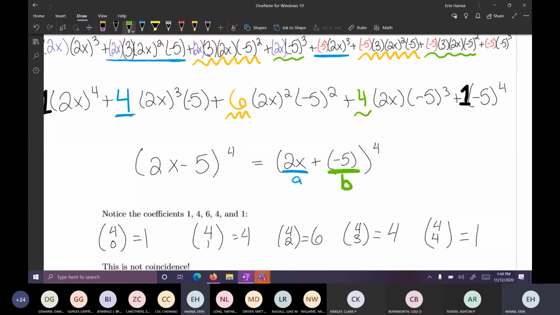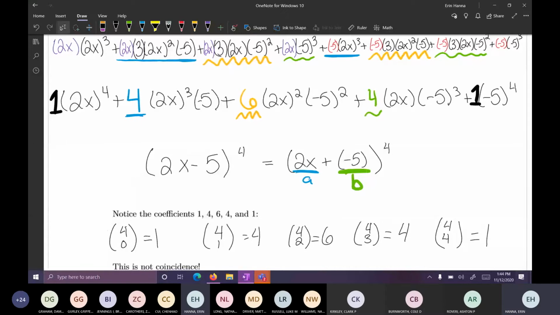And notice, as I already pointed out, but maybe not in this much generality, that the powers on the 2x and the -5 always add to 4. So in that very first term, there is no -5. It essentially has a power of 0 on it. 4 plus 0 is 4. And then I have a power of 3 and a power of 1, which adds to 4.